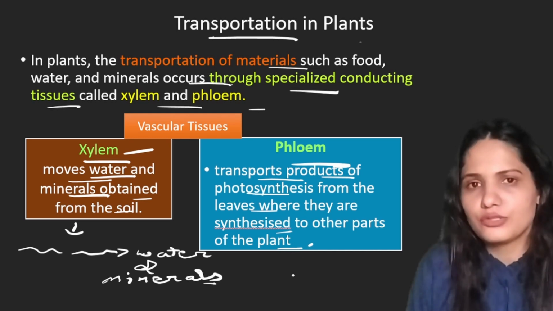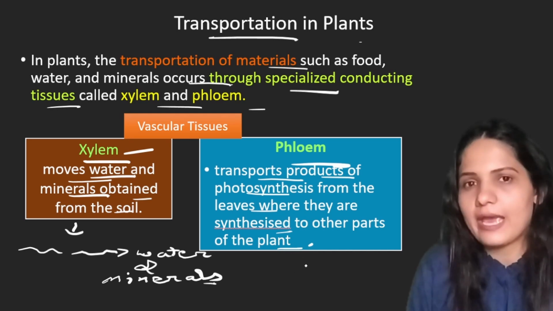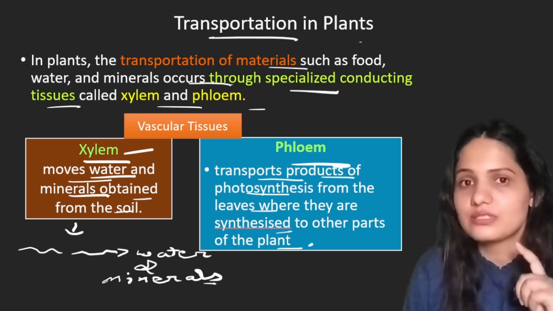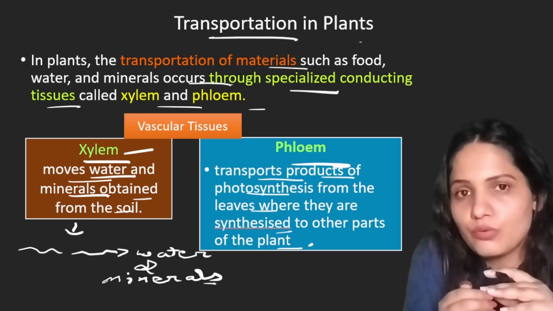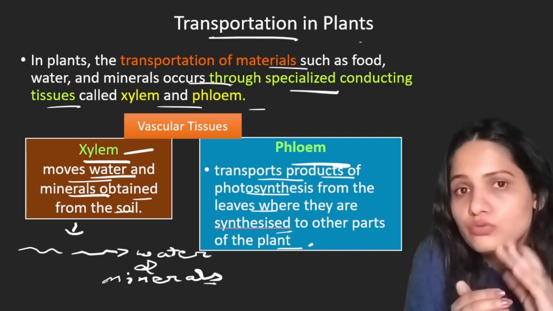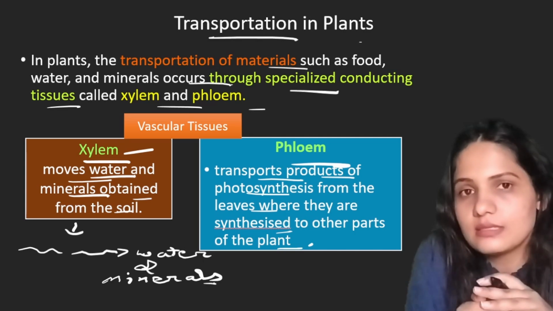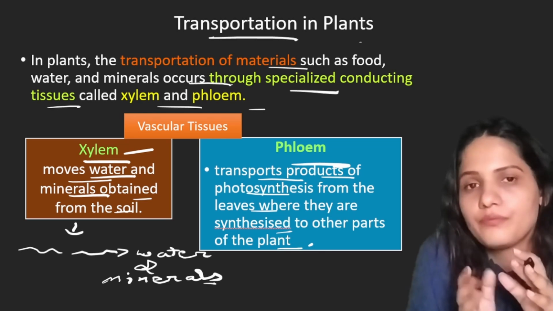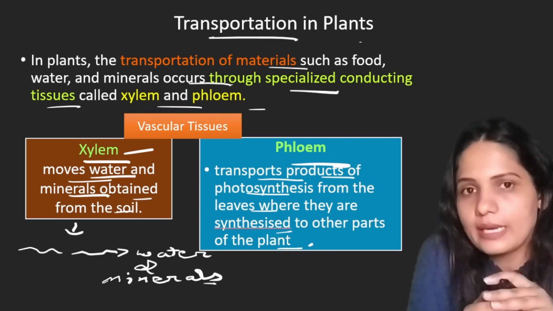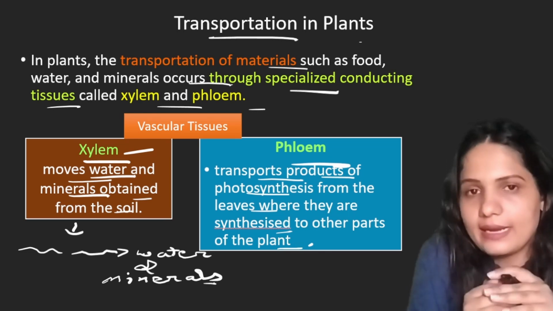If I ask you the product of photosynthesis, we have covered this in our previous section on respiration: the product of photosynthesis is carbohydrate, glucose, and that glucose is stored inside the plant body as sucrose. Sucrose is a complex compound which is made up of glucose. So we can say carbohydrate.